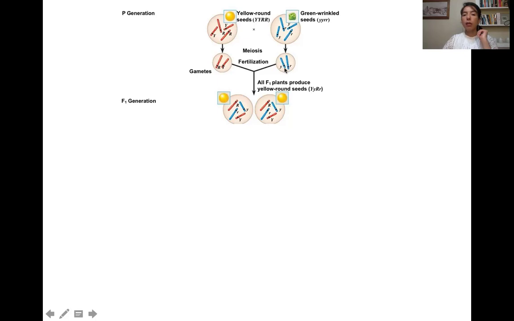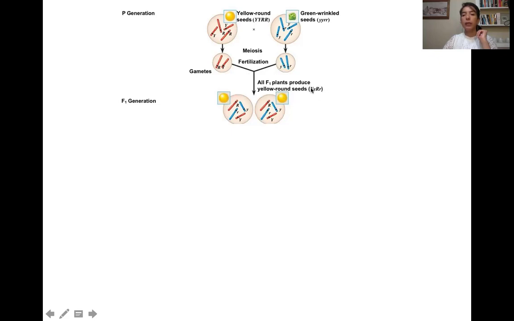So when we cross them, all of the possible combinations are going to be individuals that have yellow rounded seeds. But now look at the genotype, right?